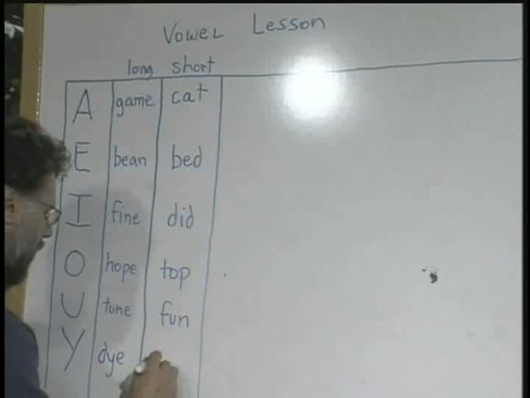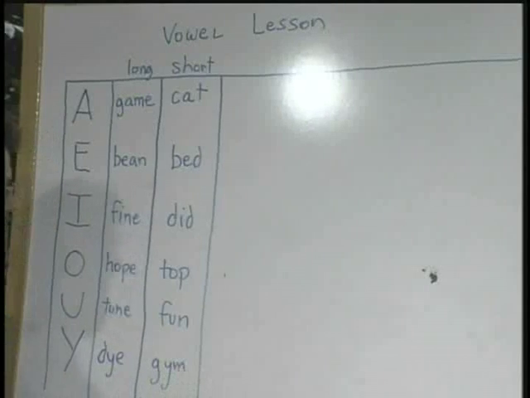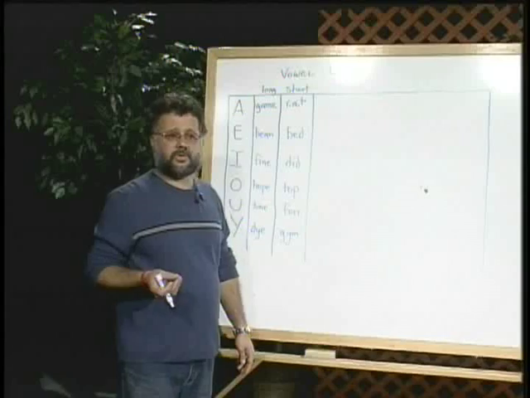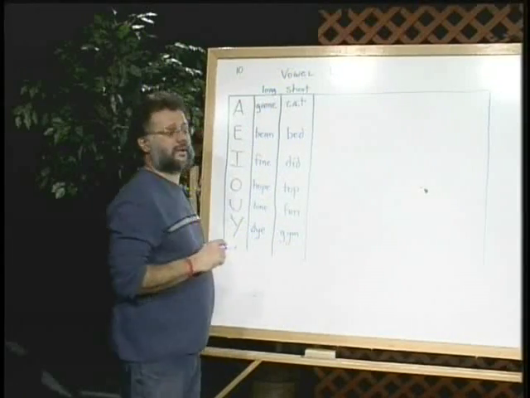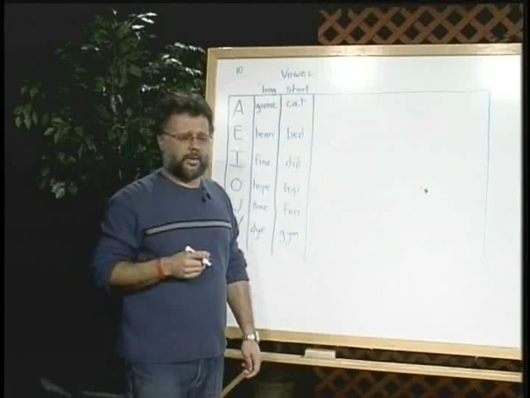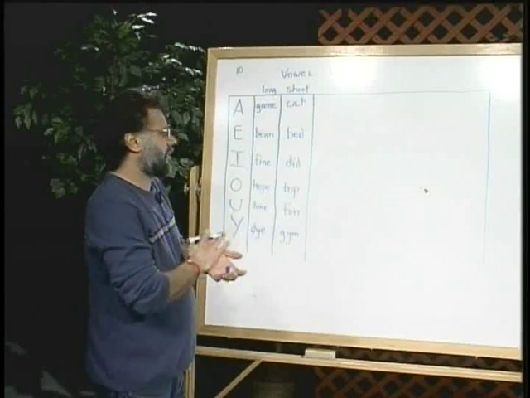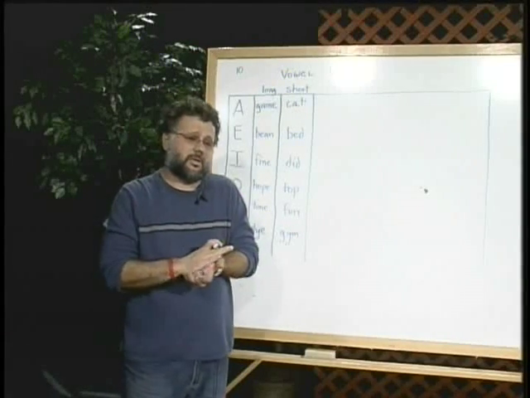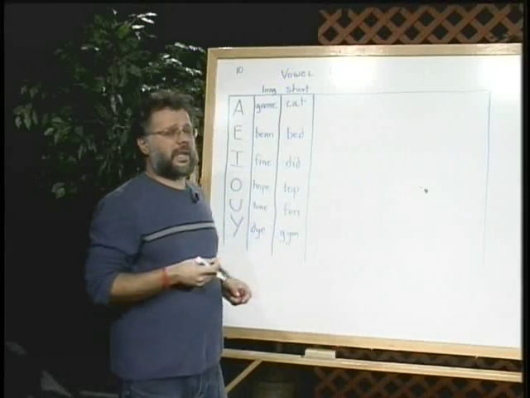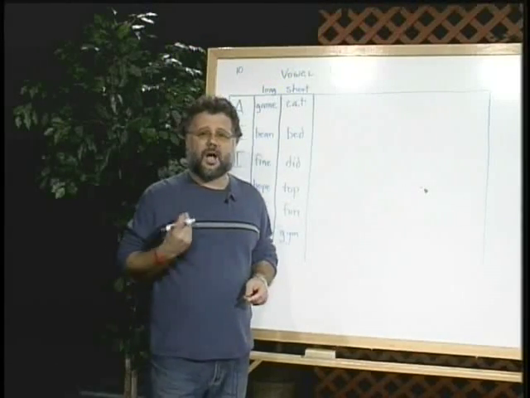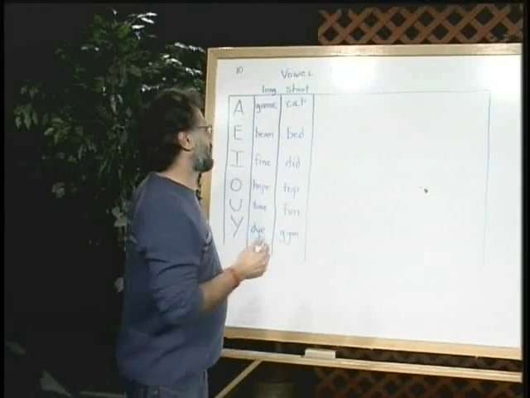And for the Y, we have the word gym. Okay, so already now we have 10 different sounds for those same 5 letters. So we'll keep track of how many different sounds we come up with. And you'll see why this can be daunting to somebody who doesn't speak English as their first language.